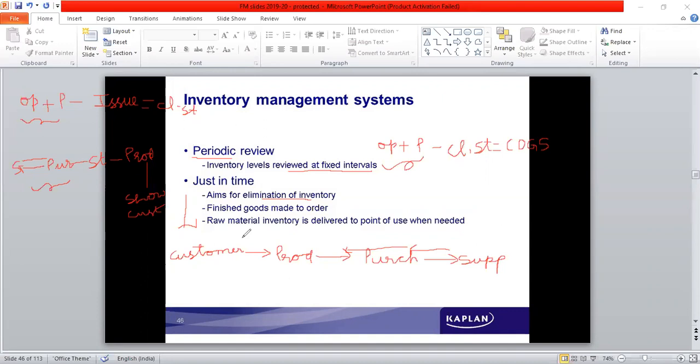So the supplier is pre-selected. And the one who is reliable, that is, whenever they require material, the supplier should be in a position to supply the material. So the supplier happens to be a reliable supplier as well. Fine. So whenever there is a requirement, the material is received from the supplier.